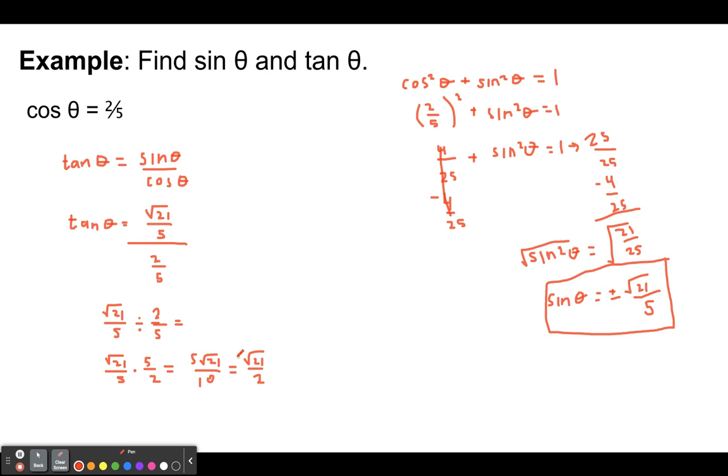And then I'll go ahead and tack on that plus or minus in the front. So the tangent theta is equal to plus or minus square root 21 over 2. Okay.